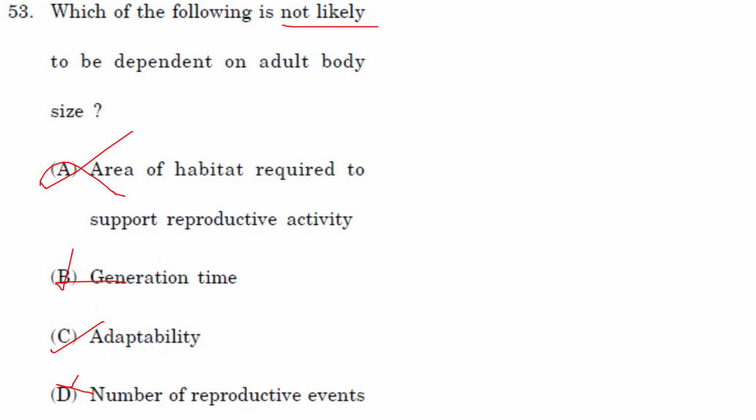So it is not that higher organisms are adaptable to the changing environmental condition whereas bacteria are not. It is not correct. Even if the organism is higher, if they are not able to adapt to the changed environment, they will die off. Even if it is smaller, they can also die off. So it is not dependent on the adult body size.